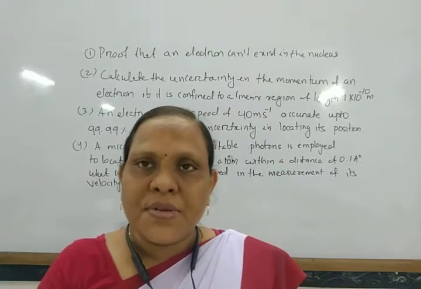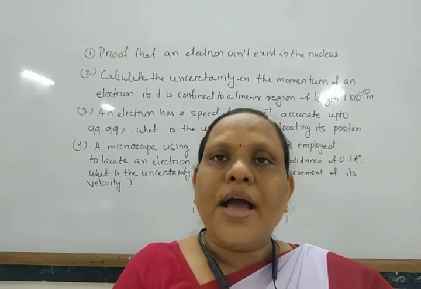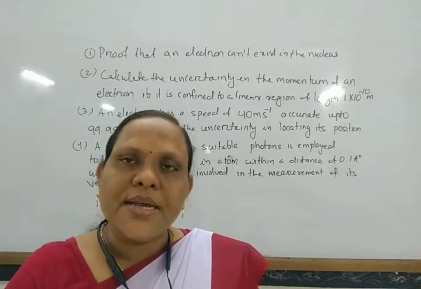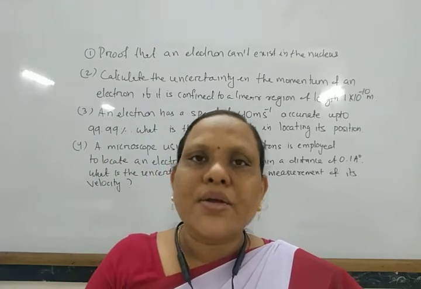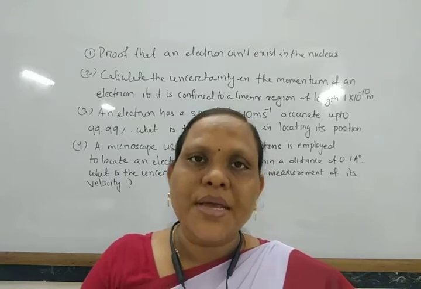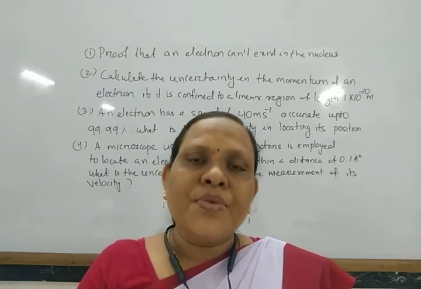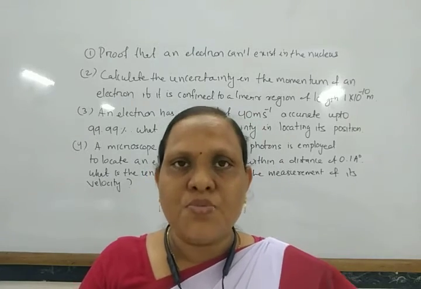So, what is uncertainty principle? It is impossible to measure simultaneously the position and momentum of a microscopic particle with absolute accuracy. So, if we know the position accurately, then we cannot determine what is its momentum.